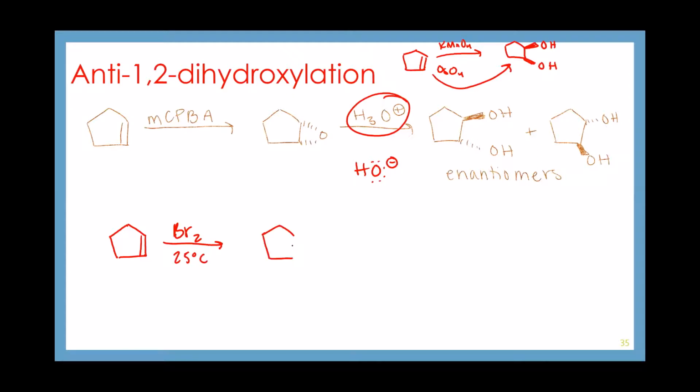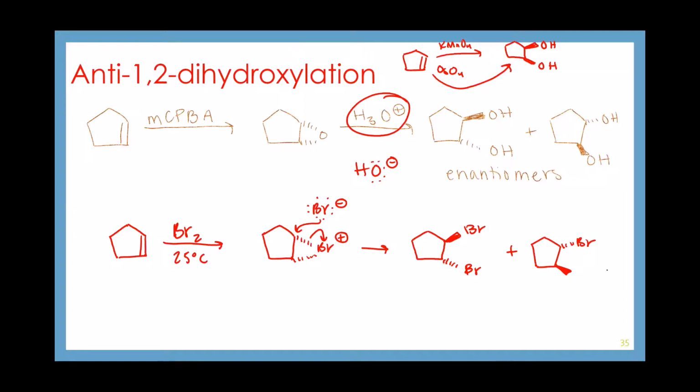You end up going through a 3-membered bromonium ion, which is then attacked by bromide, giving you an enantiomeric pair of trans dibromides. This is the exact same mechanism, exact same outcome.